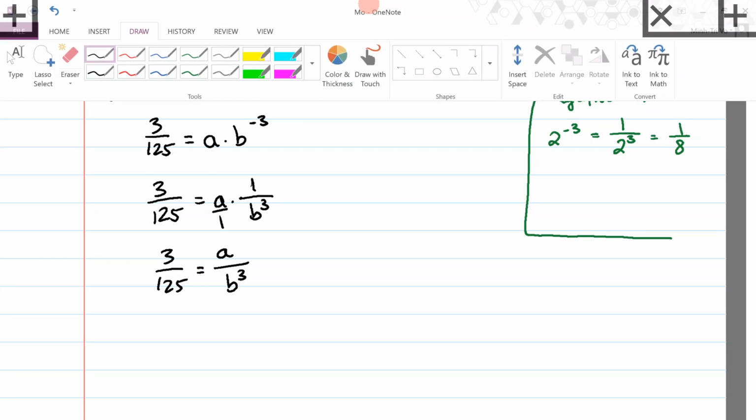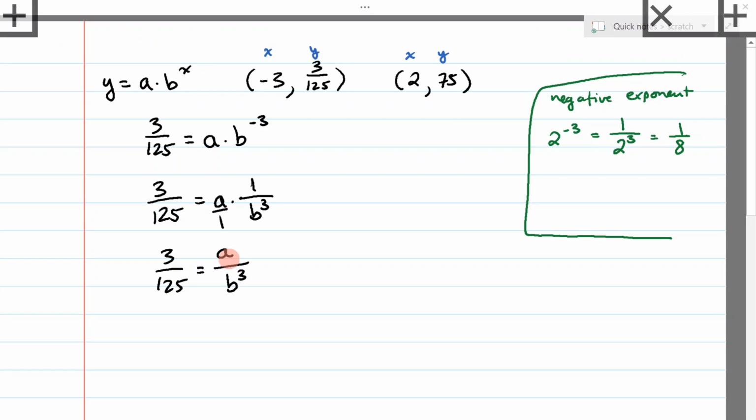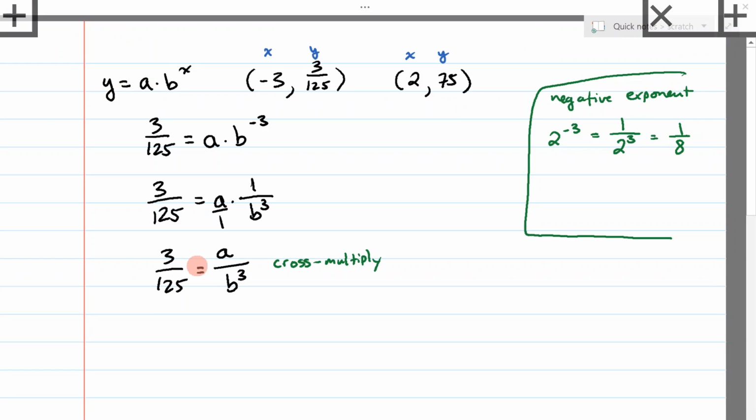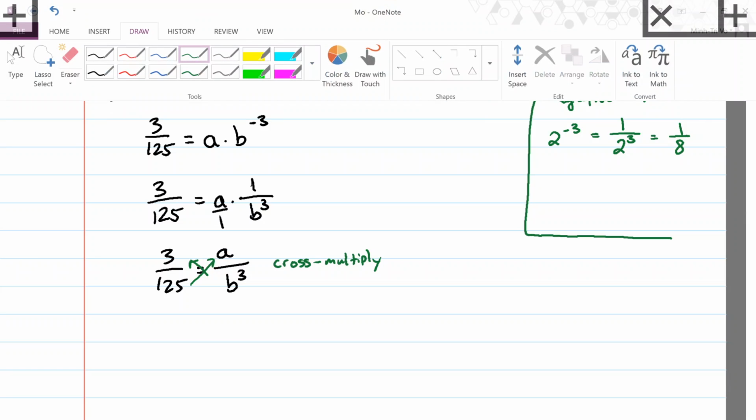Now at this step, we still have two unknowns, a and b. So we cross multiply to get rid of the fractions. This multiplies this, and this multiplies this.